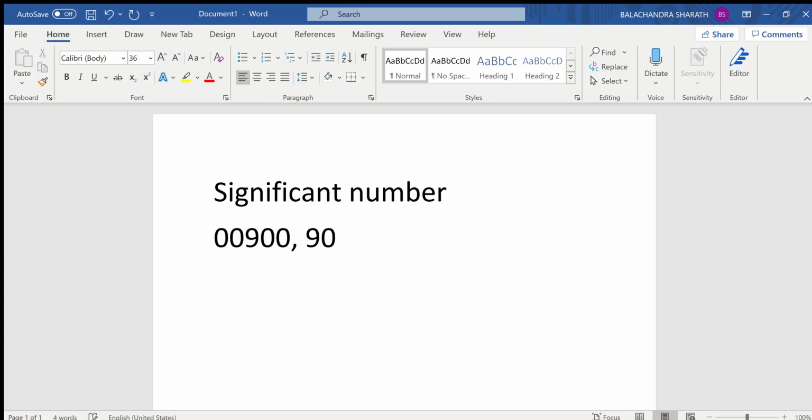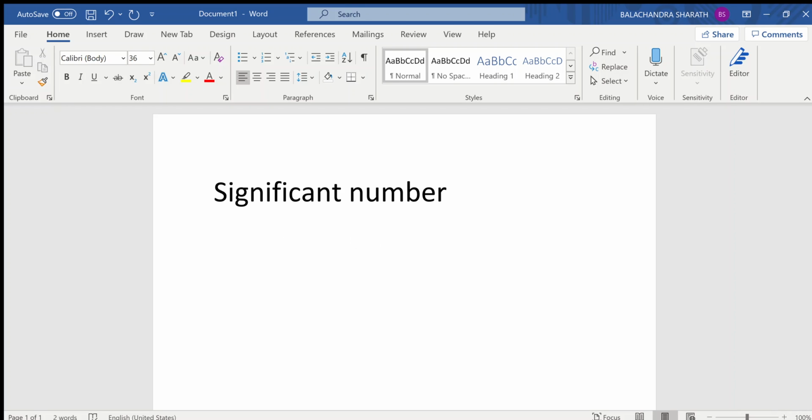You get what I mean? So for example, if I say 098.75, it only has 4 significant numbers, because this is the same as 98.75.